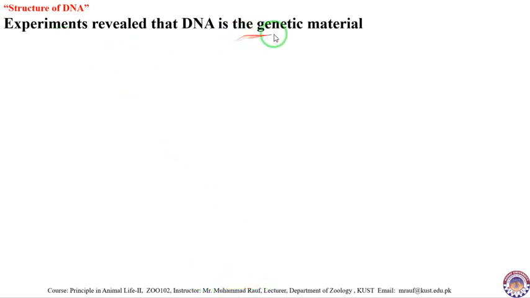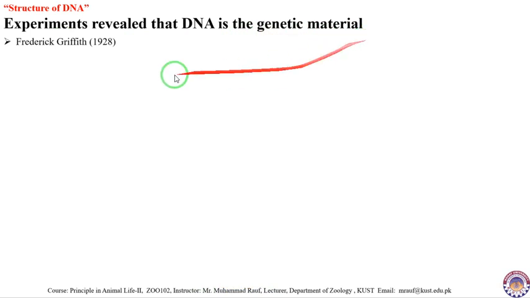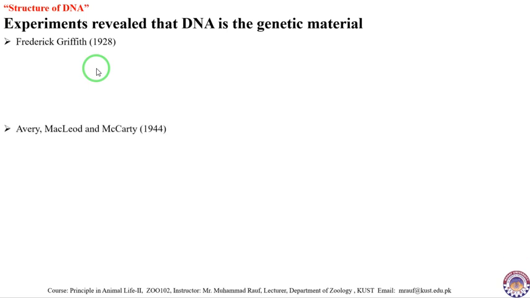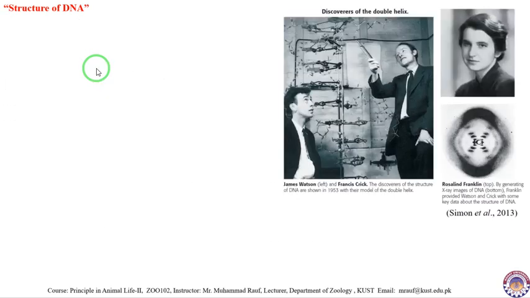Experiments reveal that DNA is the genetic material. We have already discussed those experiments. Three different sets of experiments were performed, which ultimately provided evidence for DNA to be designated as the genetic material.